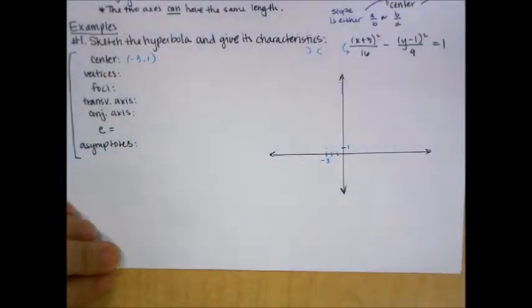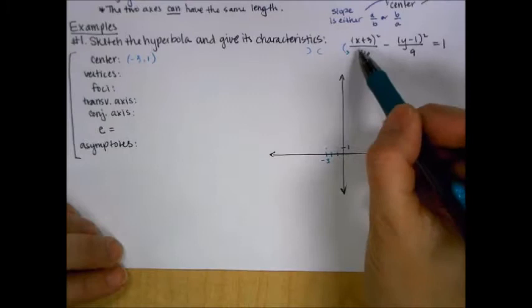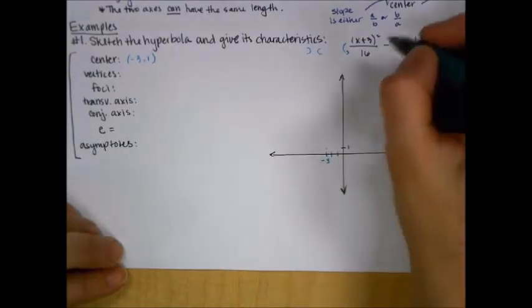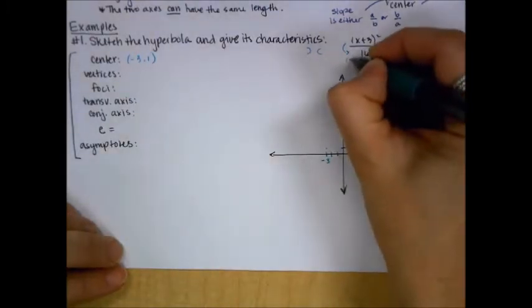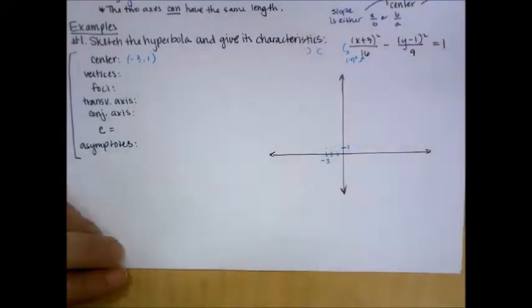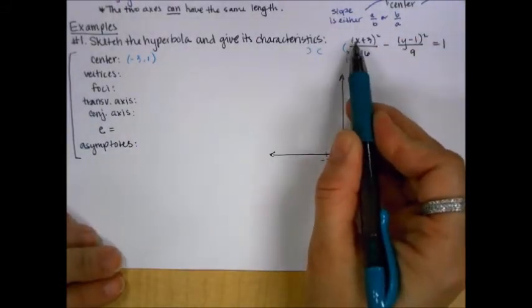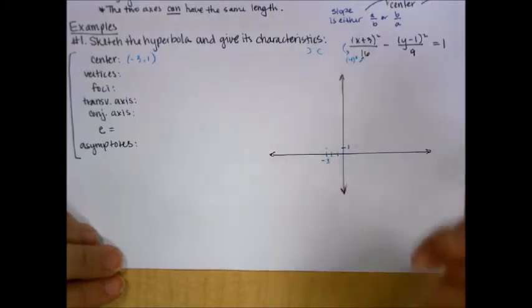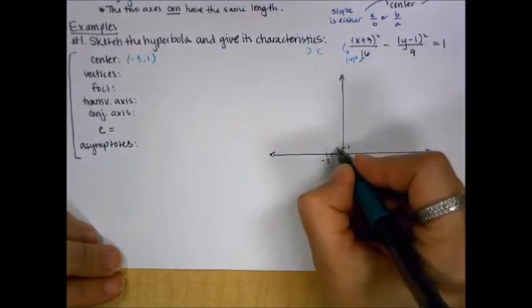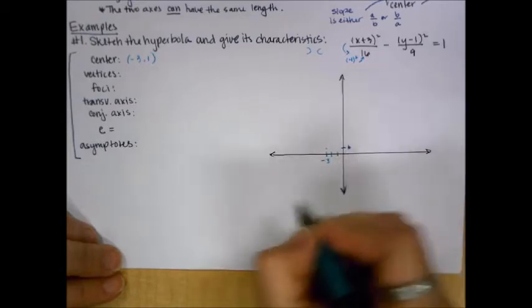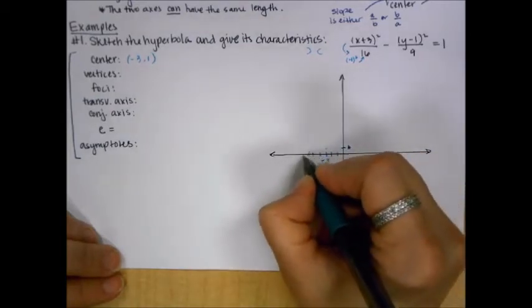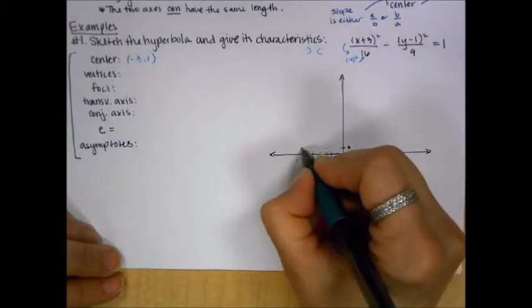So 4 squared is what gives us 16. And so 4 is the length I want to move left and right on the x-axis. So 4 units, 1, 2, 3, 4 units to the right, and 1, 2, 3, 4 units to the left to mark some endpoints here.